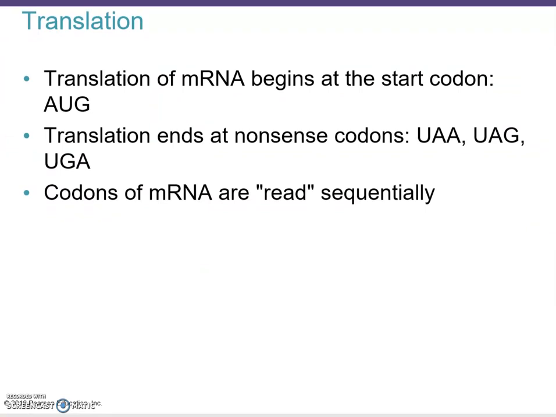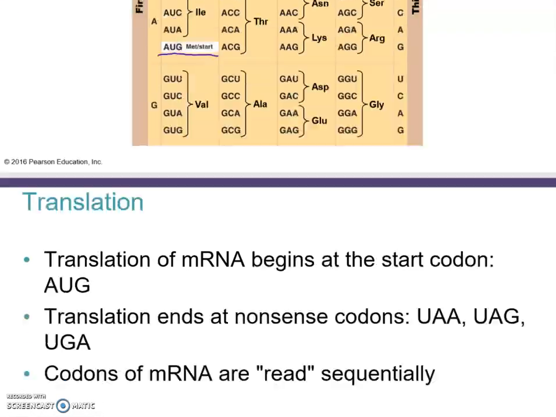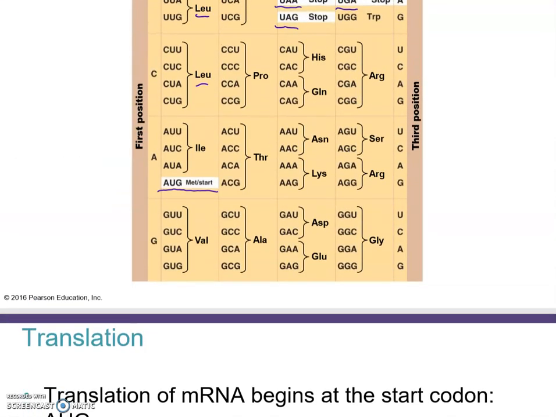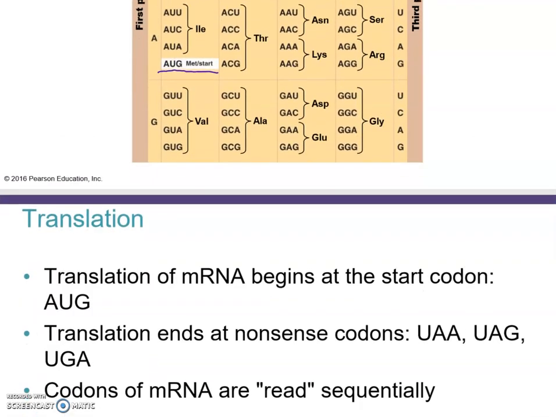And translation of the messenger RNA will begin with the start codon AUG. So that's the one that we just had here. This is your methionine. AUG is your start codon.